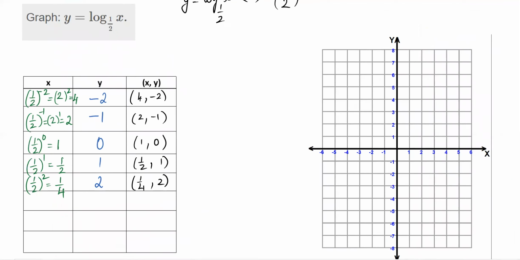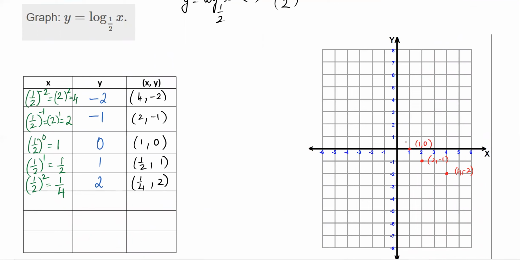We'll go ahead and plot this. 4 comma negative 2. 2 and negative 1. 1 comma 0. Half comma 1. That's right there. And 1/4 comma 2.